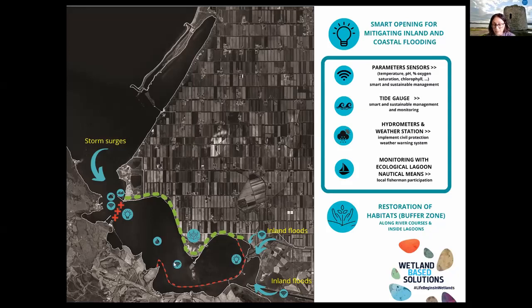Again, the sensor system will let us monitor the water quality, and in case of a low level of salinity, we'll be able to also open these gates and let fresh water flow into the seawater, or vice versa, to let seawater flow into the lagoon to rebalance salinity.